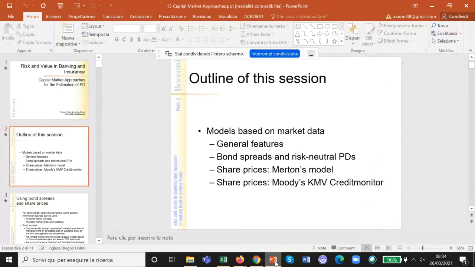So more specifically, first of all, we'll say a few words about the general features of these models. And then we look at two main approaches. The first one is the one based on bond spread. So the idea is to look at how much more a bond yield to maturity is with respect to a risk-free rate, and use this difference, this spread, to estimate what is the implied probability of default.